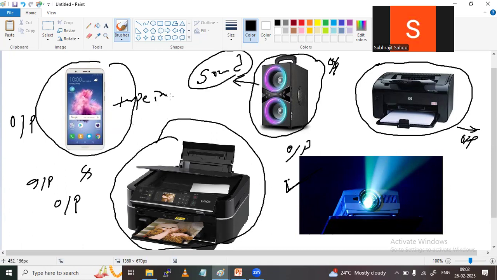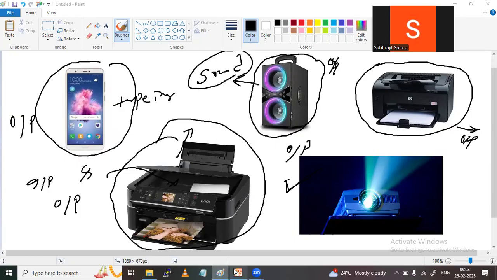That's why it is called an input and output unit. Here also we can scan, and we can get output here also. So in this video, I gave some idea about the several input and output devices. You know very well, but I keep a little bit of explanation here, right?